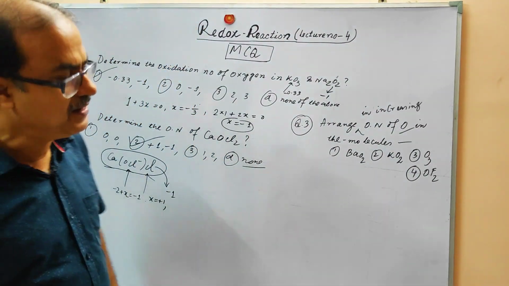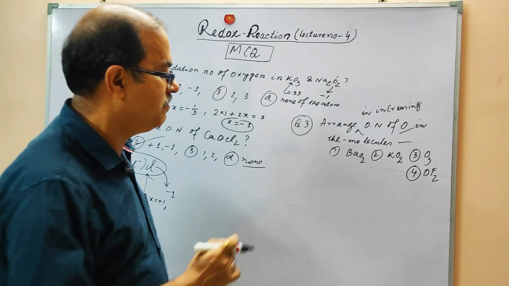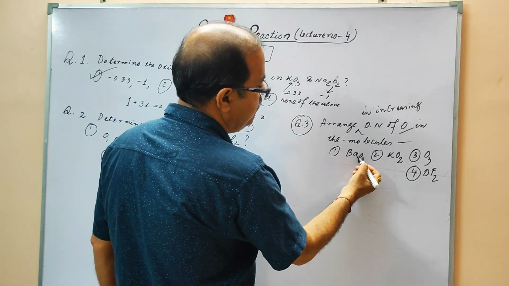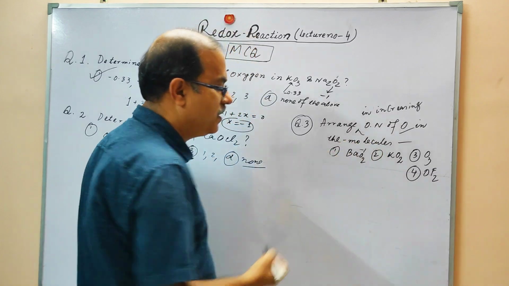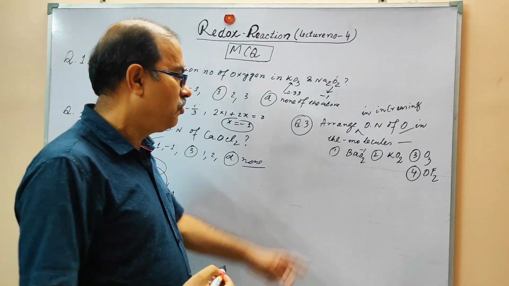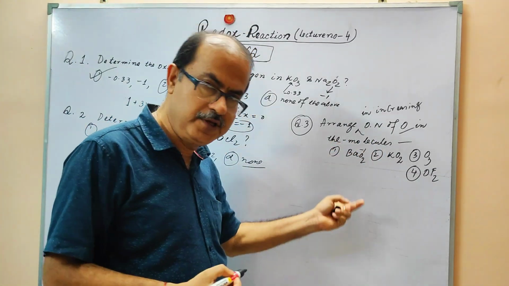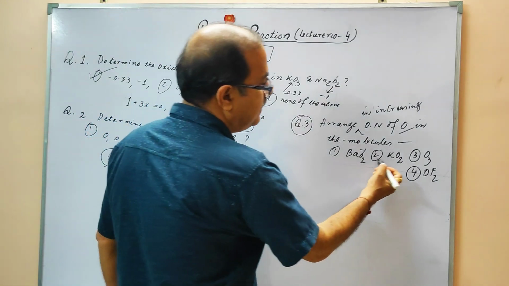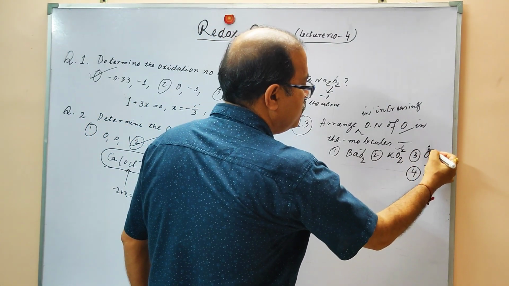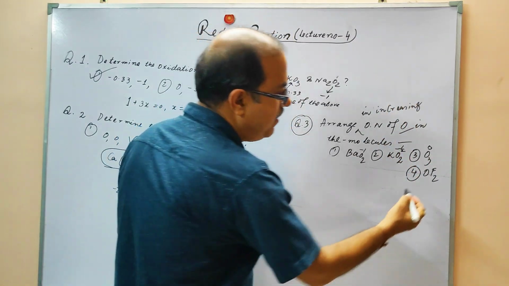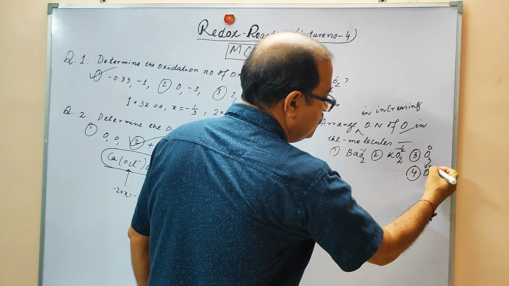For that you have to again calculate the oxidation number. The oxidation number of oxygen in BaO2 will be -1, in KO2 it will be -1/2, in O3 it is 0, and in OF2 it will be +2.